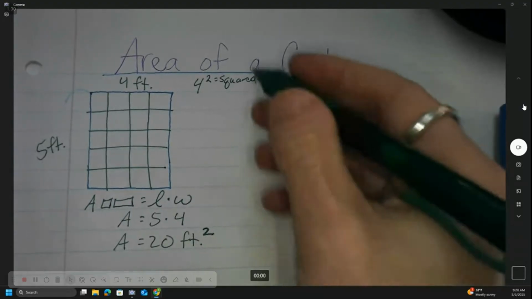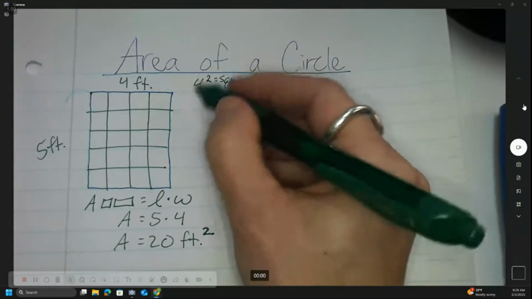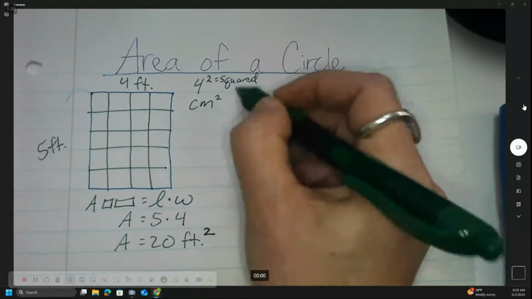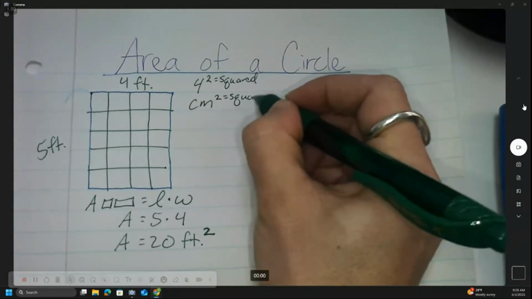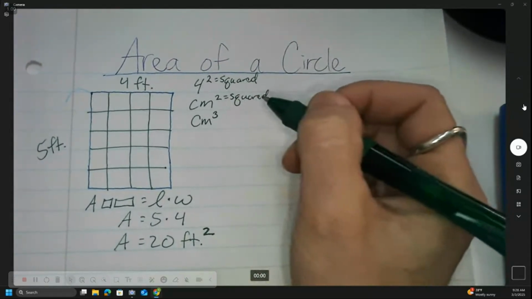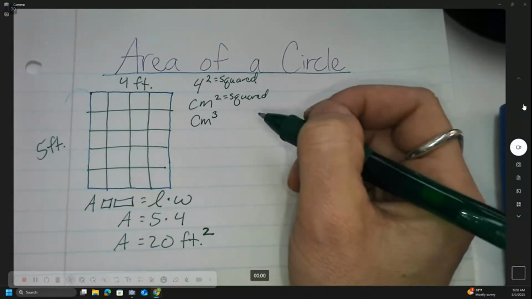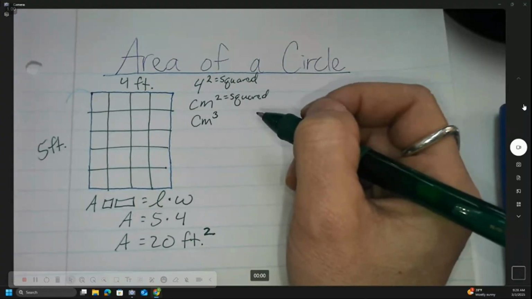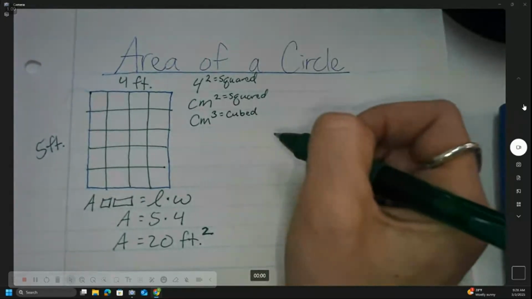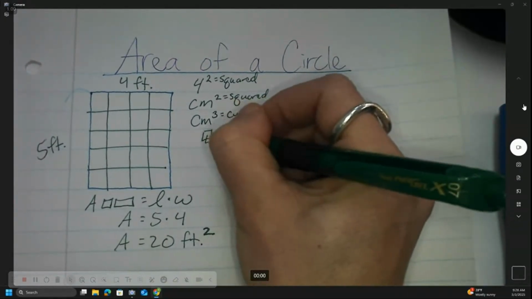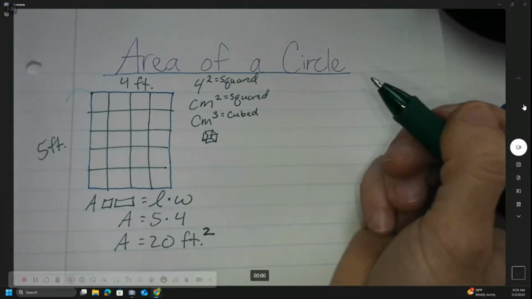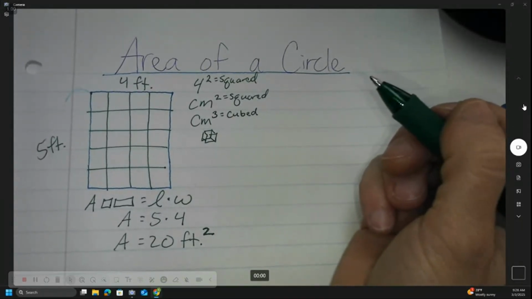When you label your answer, let's just say with centimeters instead of squares, like this is squared, right? If we're labeling, this is going to be next week's lesson, but just a little terminology for you, centimeters cubed is when you use it with a little 3, because then you're going to actually use cubes for volume, and we're going to discover how many cubes fit inside a 3D solid, but that's next week.